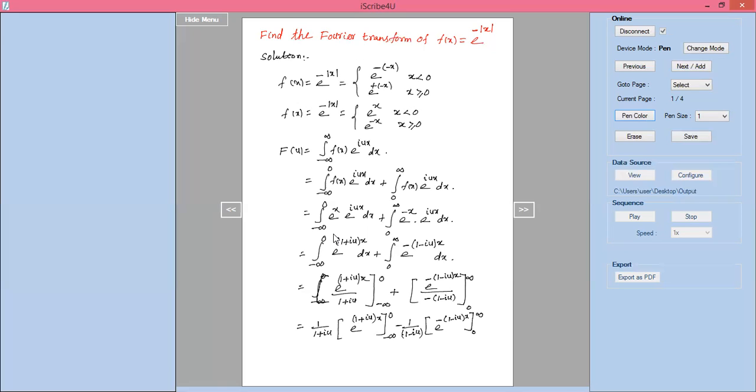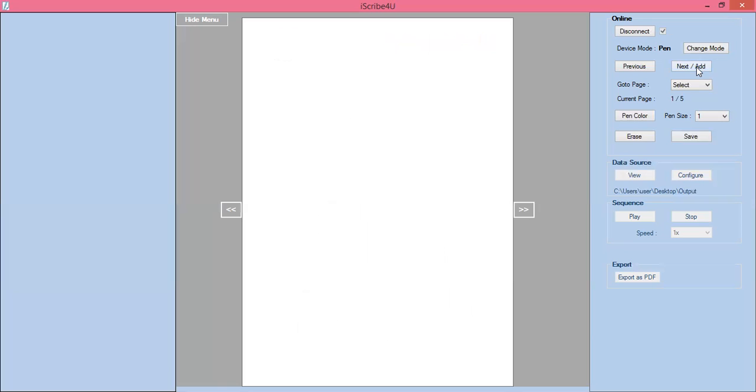Now if you apply the limits, you will get 1 divided by 1 plus iu into, applying the upper limit, e power 0 minus e power minus infinity.